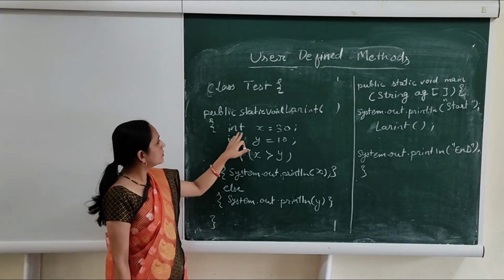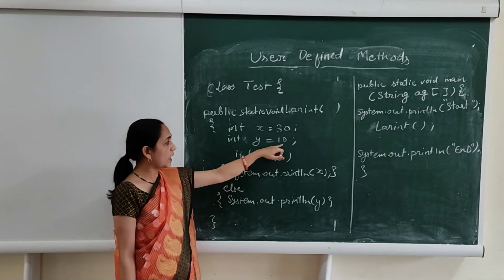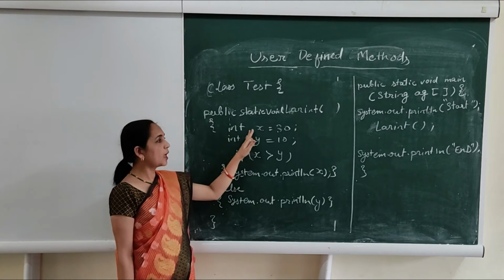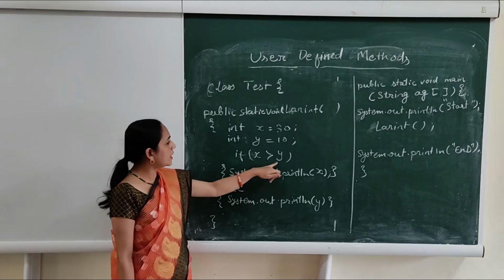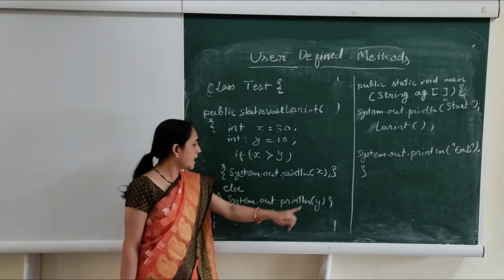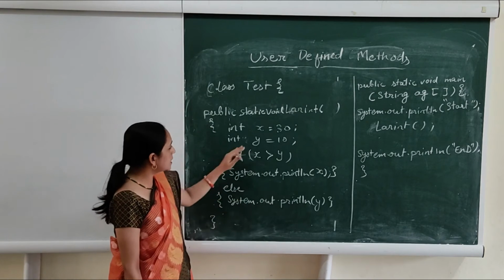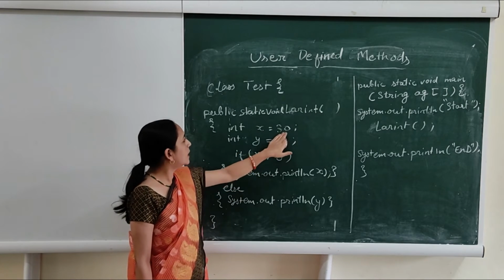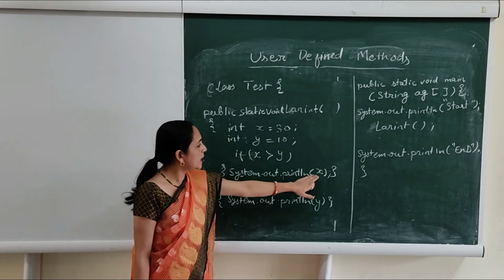In this function, first we have declared x as 30 and y as 10. Both are integer type. Instead of this, you can accept the values here. Then we find out which number is greater. If x is greater than y, it will print x. If not, it will print y. In this case, x is the greater number, so it will print x.